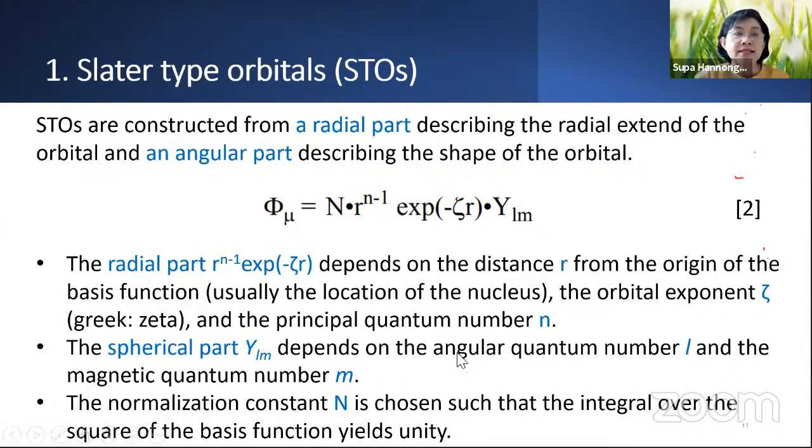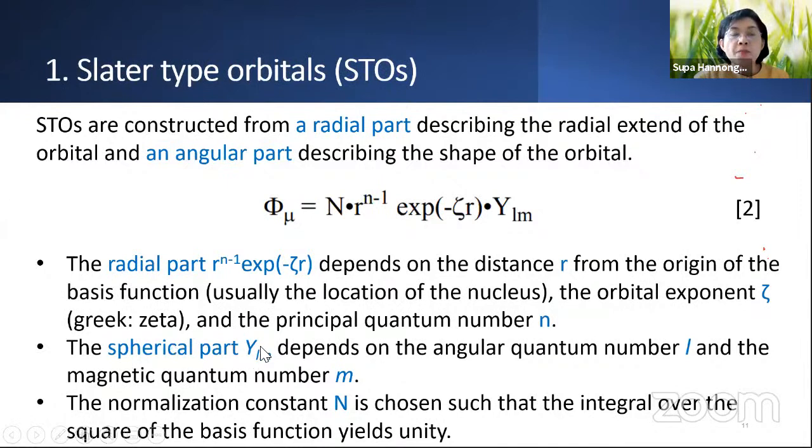And the n represents the principal quantum number. If you still remember, each electron has the quantum numbers n, l, m, and s. So the n over here means the principal quantum number.